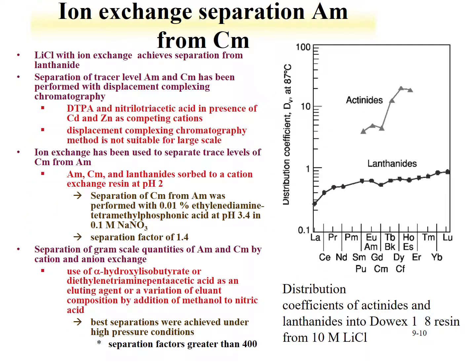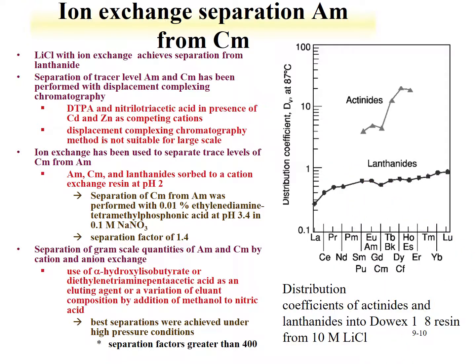Separation of americium and curium has been examined with ion exchange, and much of this exploits the fact that lithium chloride has been shown to separate the actinides from the lanthanides. As shown here, here's an example of 10 molar lithium chloride separation. Distribution coefficients on Dowex resin, we see that the lanthanides have very low distribution coefficients and the actinides a much higher distribution coefficient.